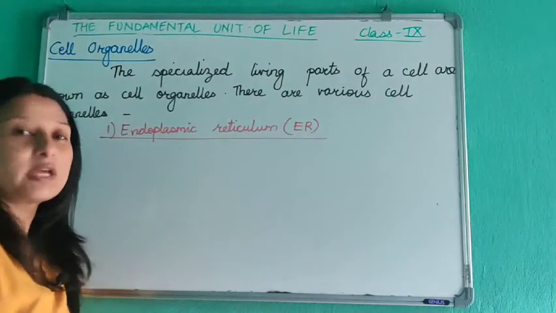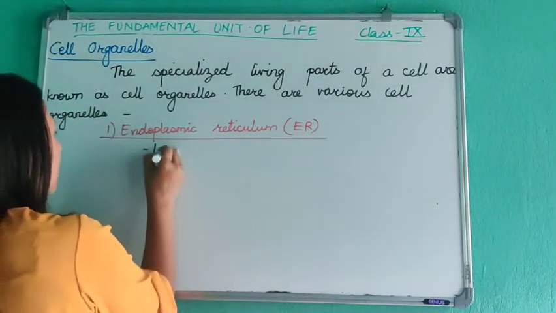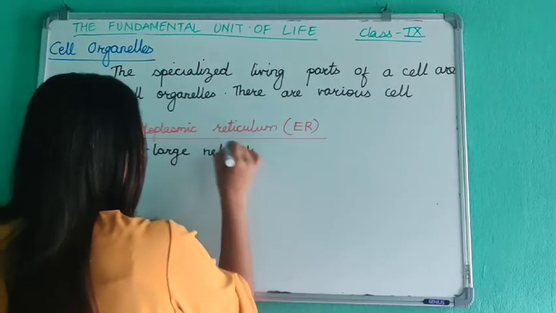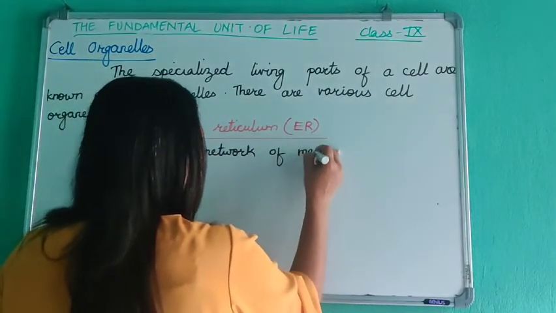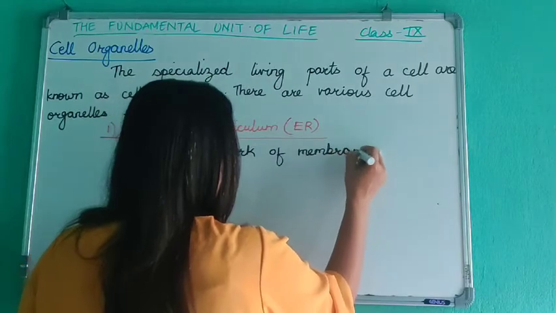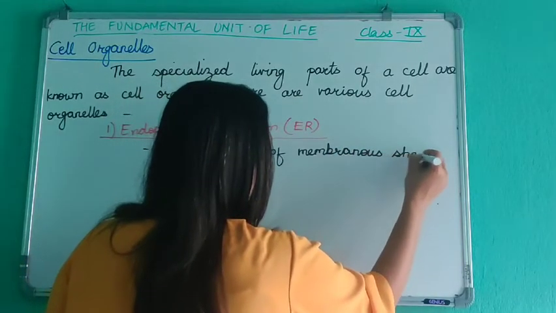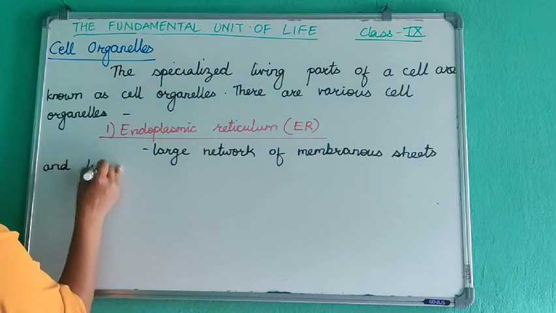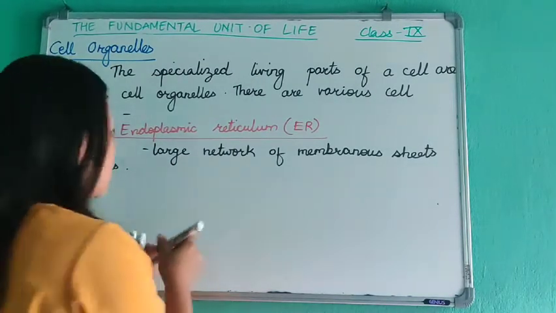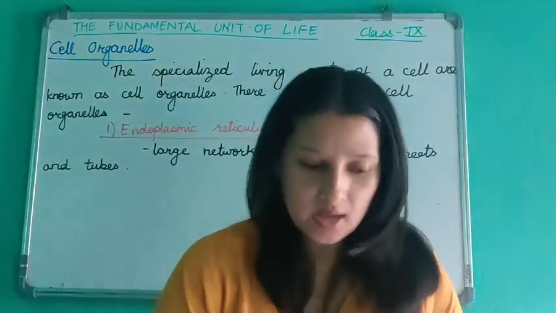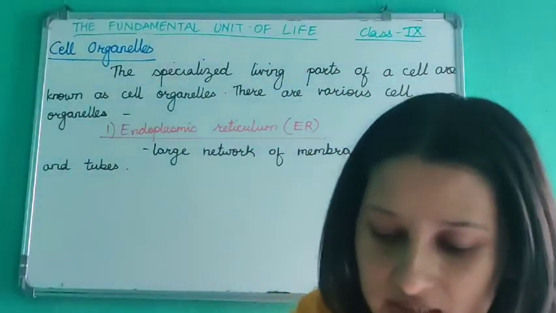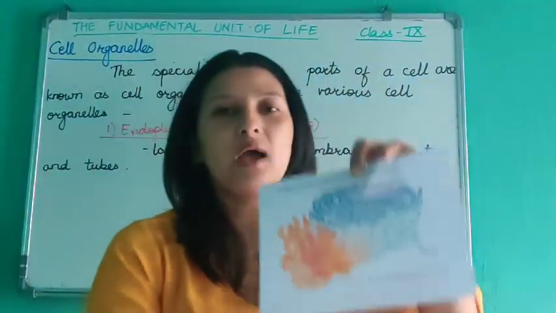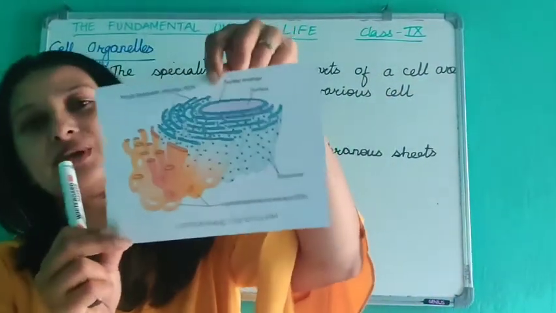Now, endoplasmic reticulum is a large network of membranous sheets and tubes. Okay, large network of membranous sheets and tubes, it is made up of sheets and tubes, and these sheets and tubes are membrane bound.